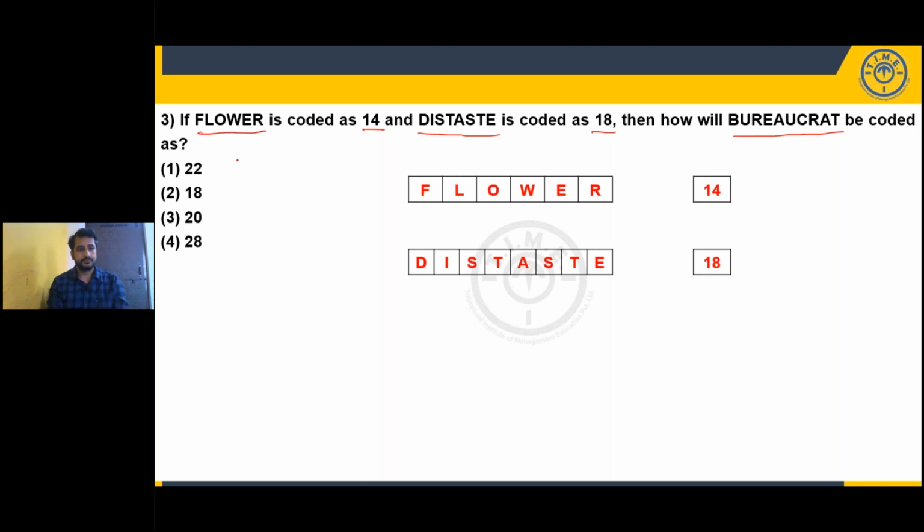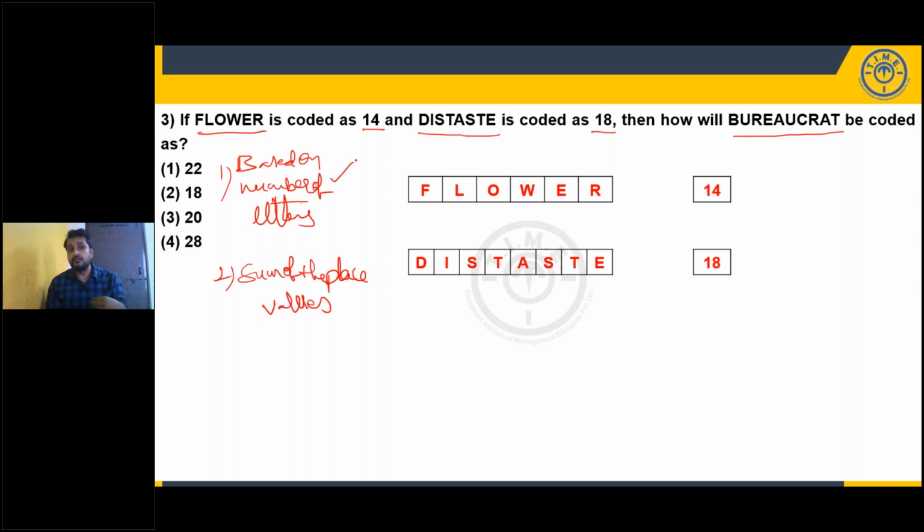One is based on the number of letters, and the second one is the sum of the place values. So first always initially check based on the number of letters. Identifying that will be very easy.